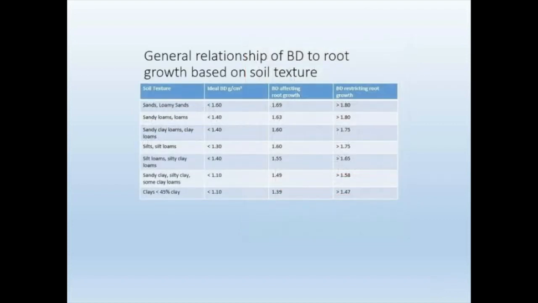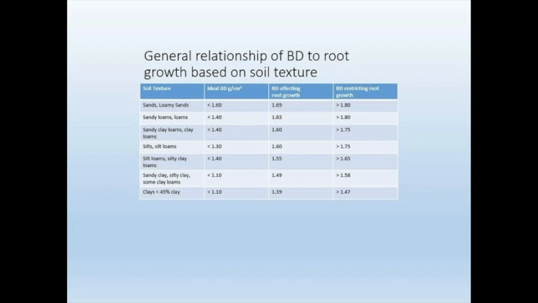So here we're looking at our different soil textures, and this gives an ideal bulk density, and then the bulk density at which root growth is affected, and then at which it stops. We can see that our sands and loamy sands, we can get away with a little more compaction, a little firmer surface, a higher bulk density. As we add more clay, as we go down this chart, we have less and less wiggle room.